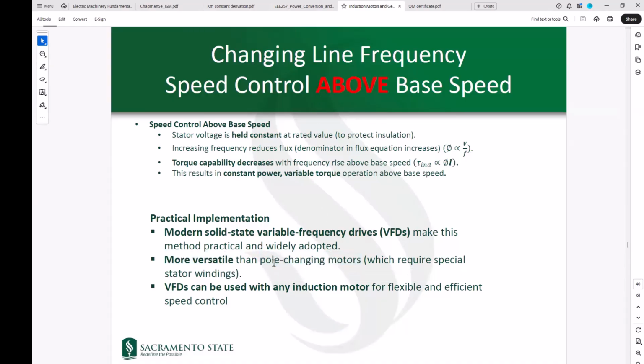Even if you are able to change the number of poles in the machine, you have to provide special stator winding conditions, which may not be practical in many circumstances. Also, VFDs can be used with pretty much any induction motor, because that's how you are powering your motor, right? As long as you have those input terminals in the motor available, connect that to the VFD, and you should be able to do a lot of control in the machine for flexible and efficient speed control.